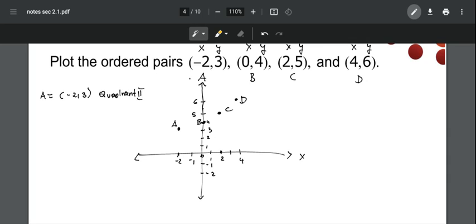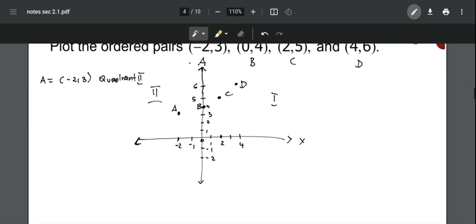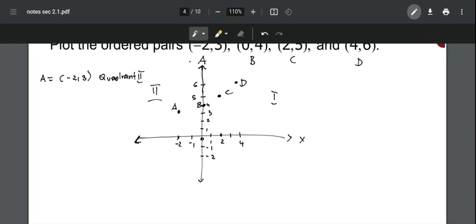Positive x-axis, positive y-axis, this is quadrant 1. Negative x-axis, positive y-axis, that will be quadrant 2, and that's where we have point A. Now, negative x-axis and negative y-axis, that's quadrant 3, and positive x-axis, negative y-axis, that will be quadrant 4. Okay, so we're going counterclockwise.